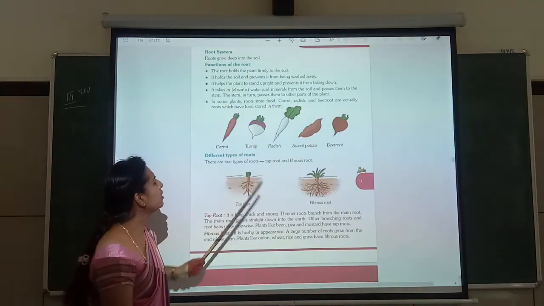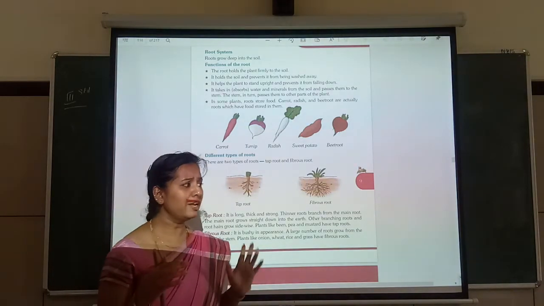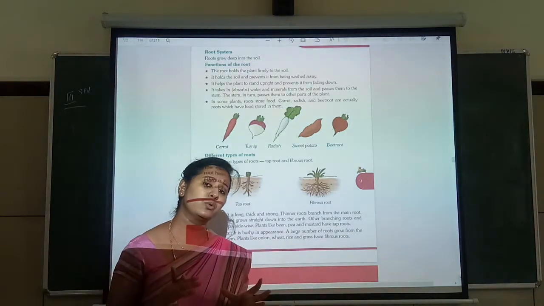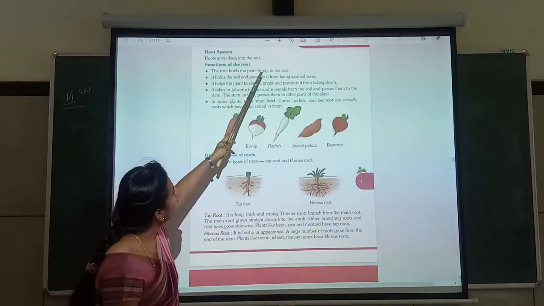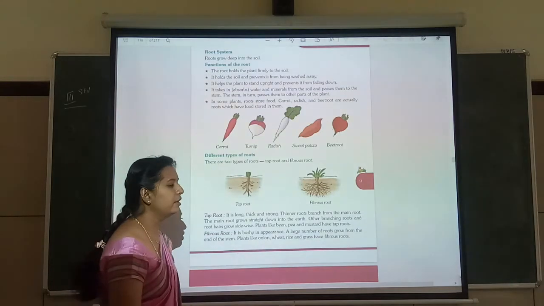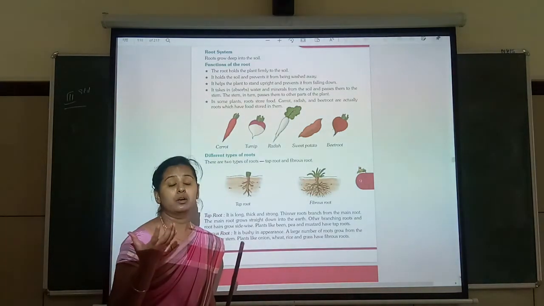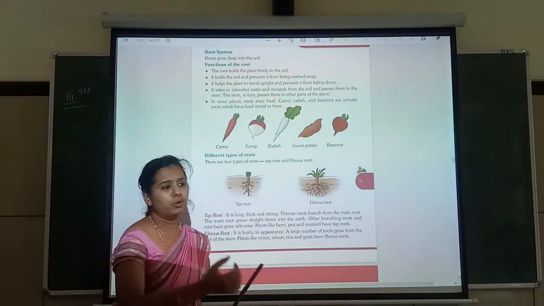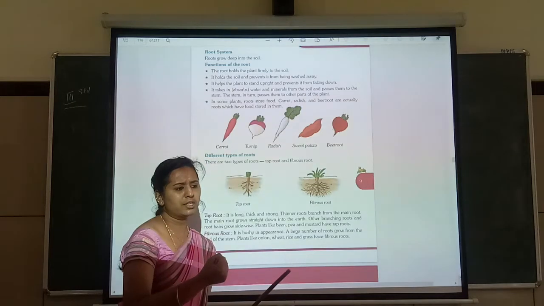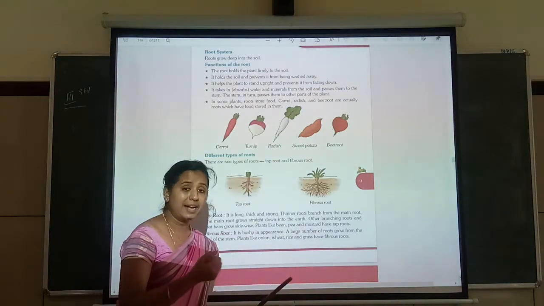Functions of roots. What are the functions of root? What work do they do? The root holds the plant firmly to the soil. The root holds the plant tightly, so we can't pick the plants out from the soil.